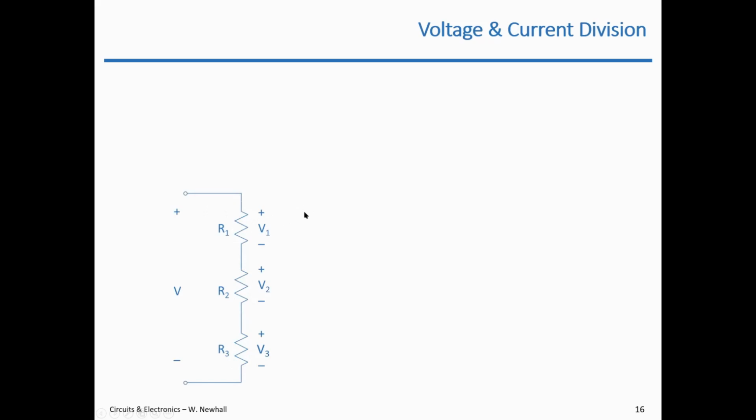And there are, again, many cases where you would like to know, given this voltage across the set of resistors, what are these individual voltages? Now you could calculate it. You could figure out the equivalent resistance and then apply the voltage and figure out the current and use Ohm's law on each one of these. There's a faster way. Because this shows up so often, there's a faster way to do this.